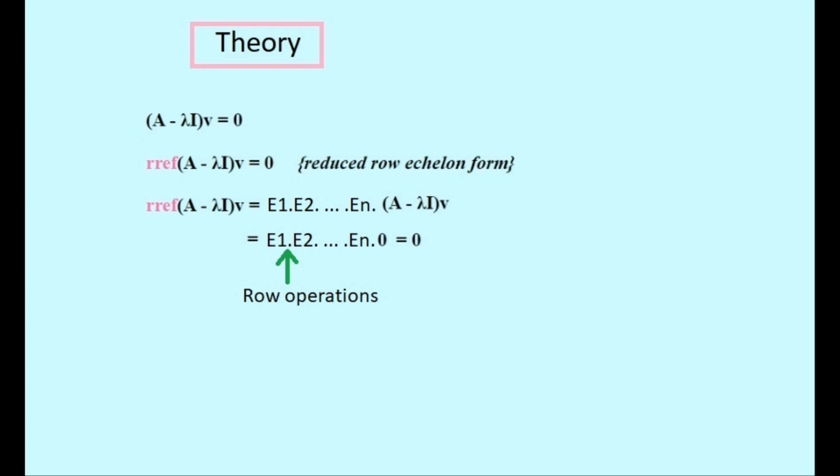This is because getting a matrix into reduced row echelon form is the same as multiplication by a matrix that is a product of all of the row operations required to reduce it to this form. So multiplying the 0 by this matrix on the right-hand side will cause the right-hand side to still be 0.